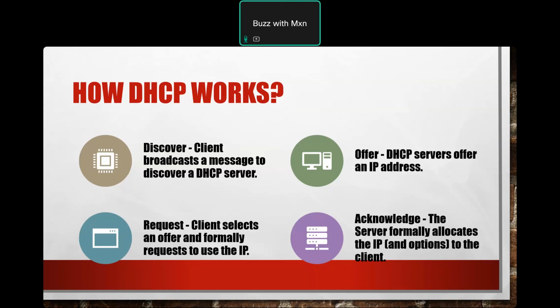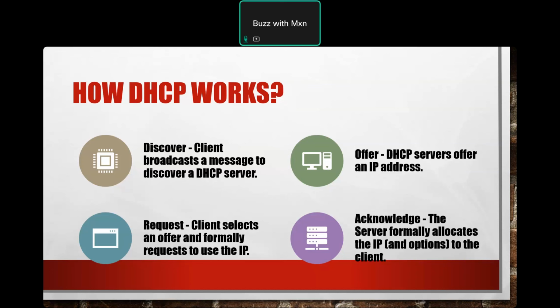Once your DHCP server gets the message, it offers an IP address to the laptop or the end user: hey, this is the DHCP server and here is the IP address that you are requesting. It has a particular pool or scope of IP addresses, and within them only it is able to assign an IP address.